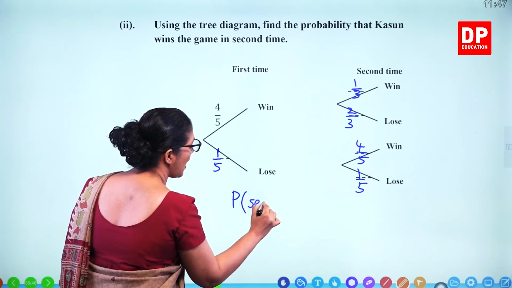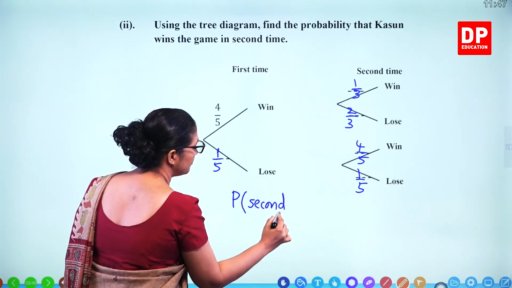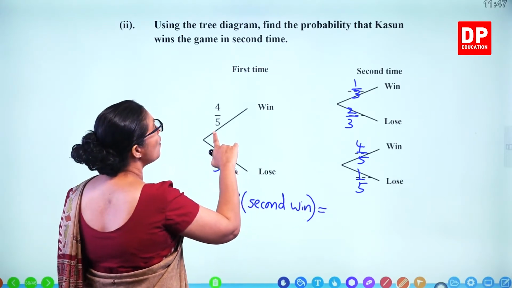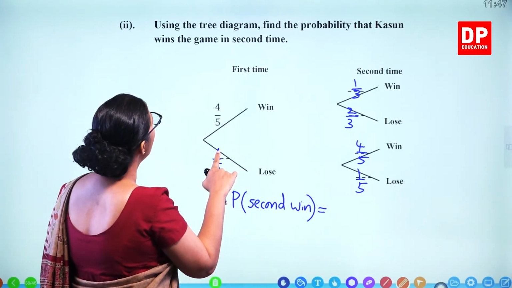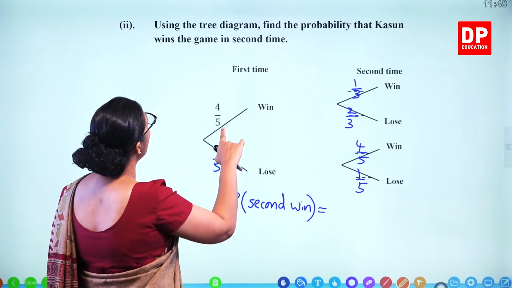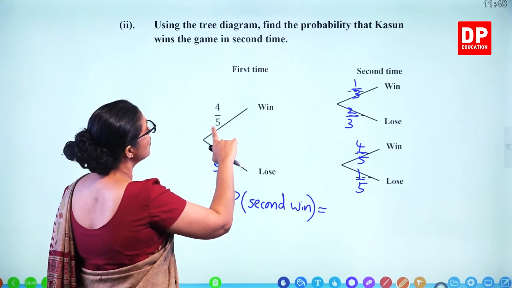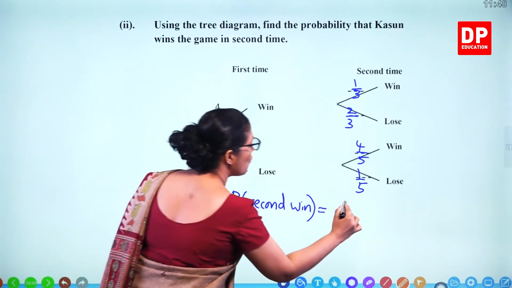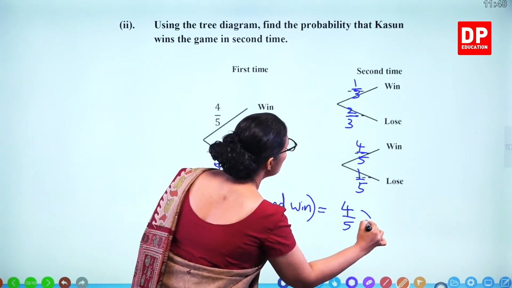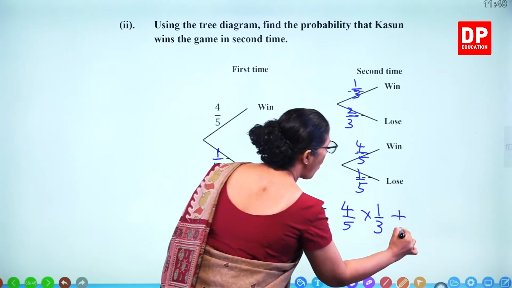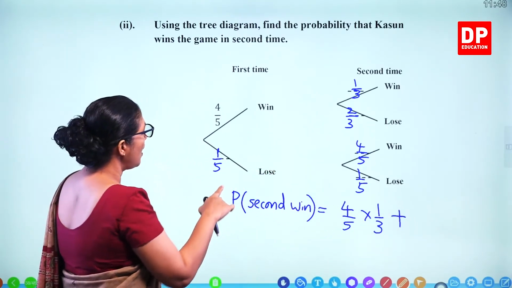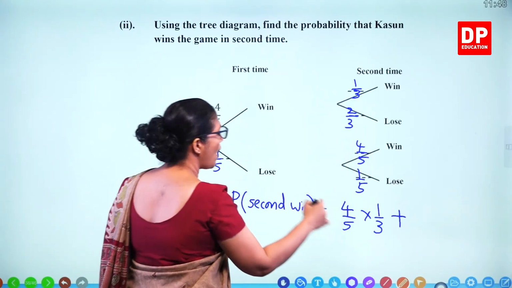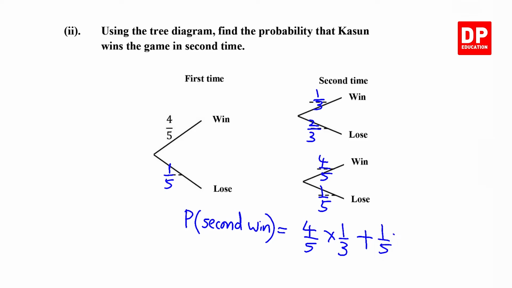Probability of second time winning is equal to, so if he wins, he can win again. So 4 over 5 into 1/3, or if he loses, he can win again for the first time here. So 1/5 into 4 over 5.